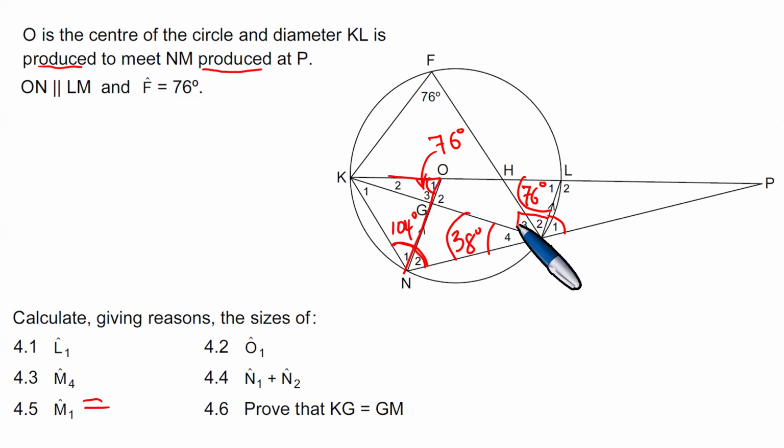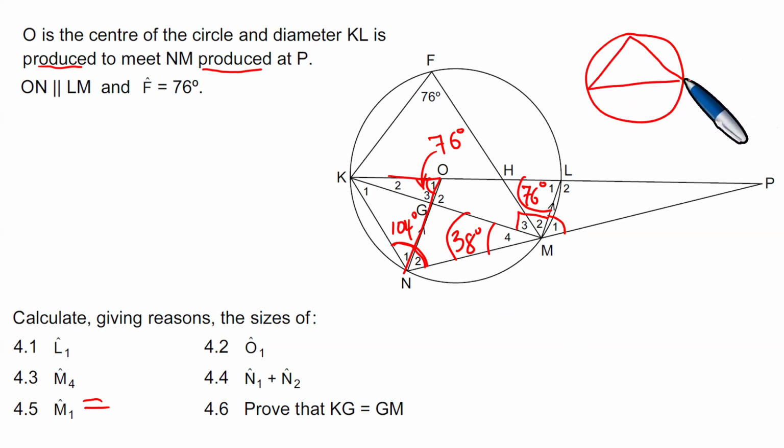Now, there are a couple of things that are very important, because in mathematics, if we have a circle like this, you need to write down these theorems. A diameter subtends an angle of how many degrees at the circumference? Every diameter makes an angle of 90 degrees, a right angle.